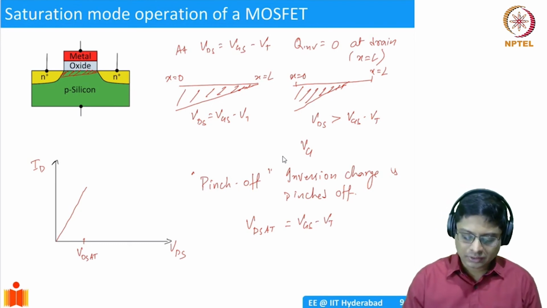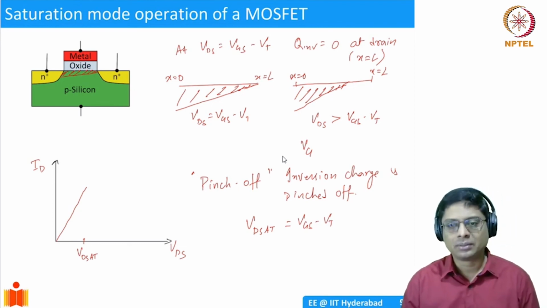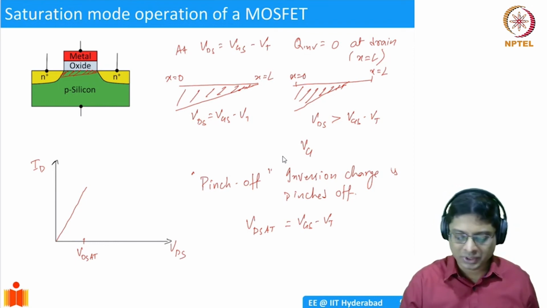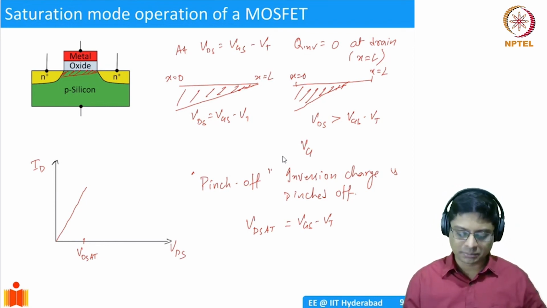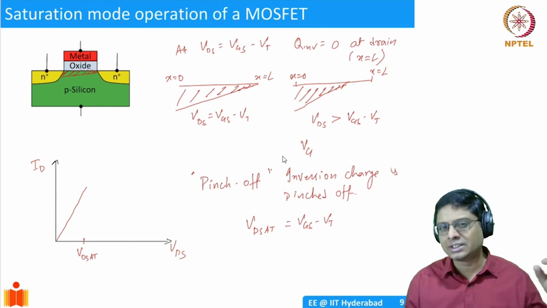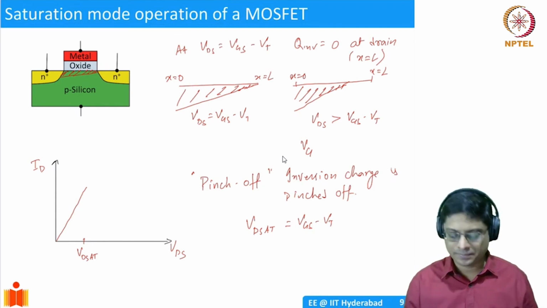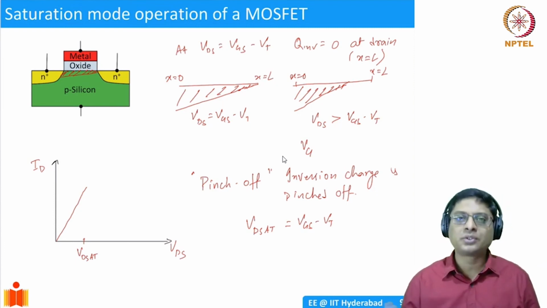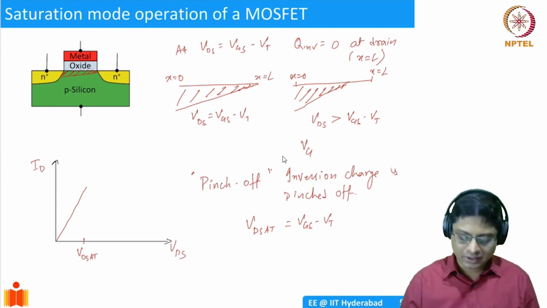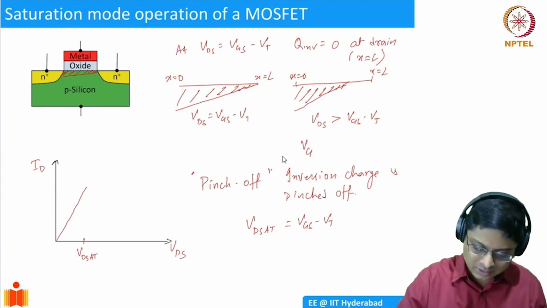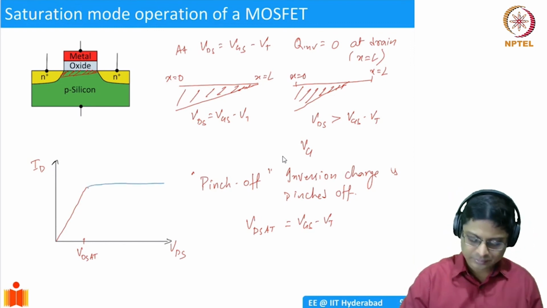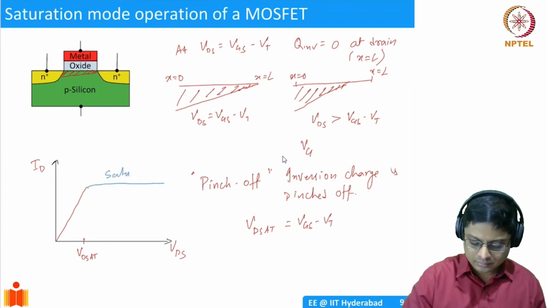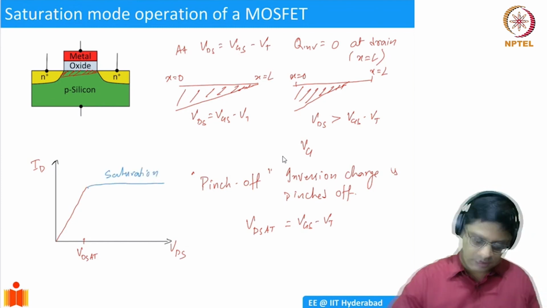After that, the current cannot increase because, even though I'm showing you as if the charge is spatially non-uniform, effectively the density of charge is less. After that, there's no further charge being added by the gate. Because of that, the MOSFET enters into what we call the saturation regime. This is linear.